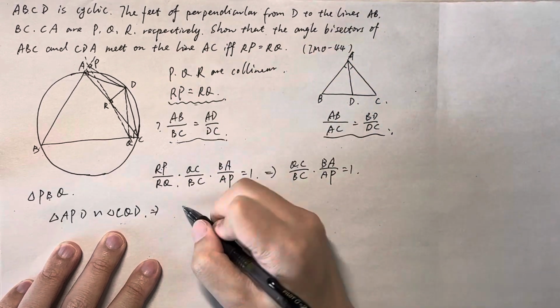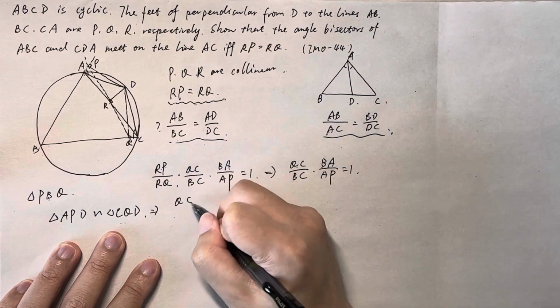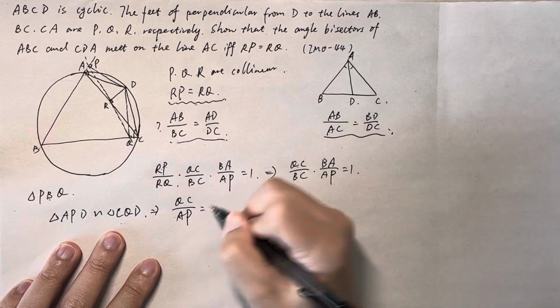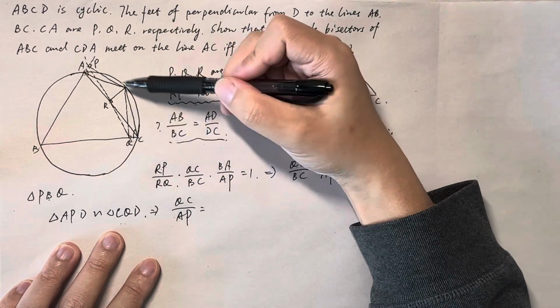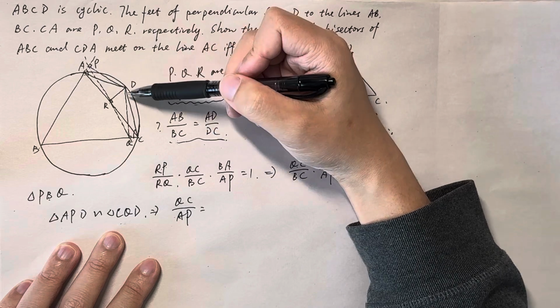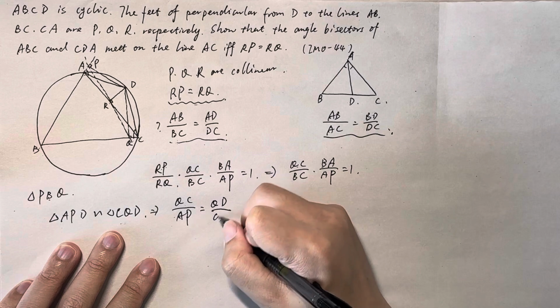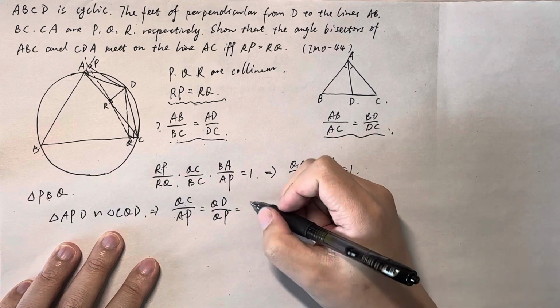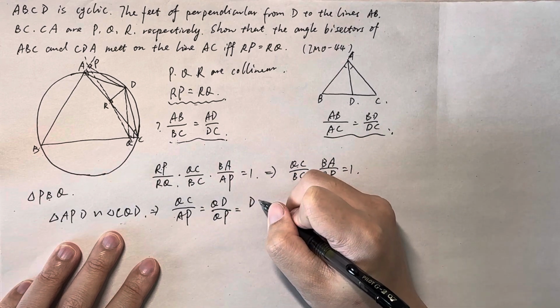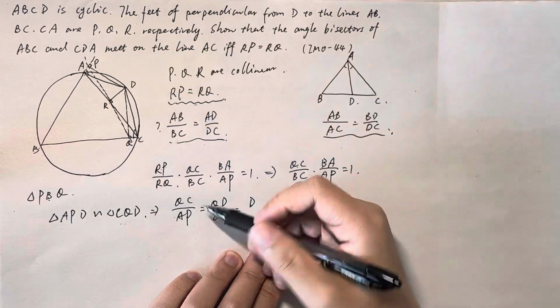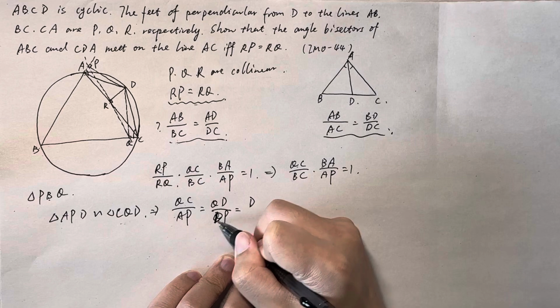Which means QC to AP equals QD to DP, right?